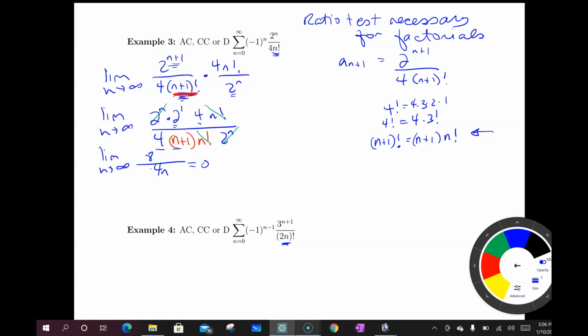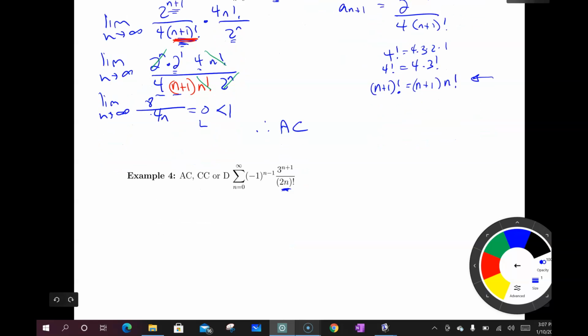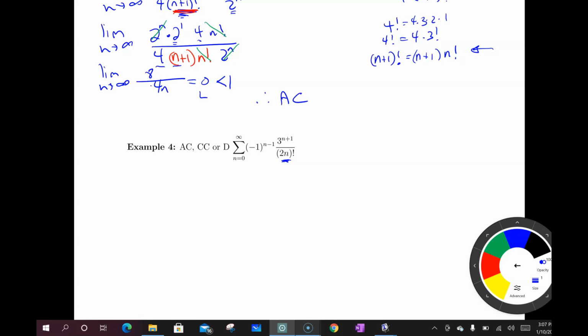Is 0 an okay number for the ratio test? It is. This is my limit, my L. As long as that L is less than 1, and it is, then I get the conclusion: absolute convergence.